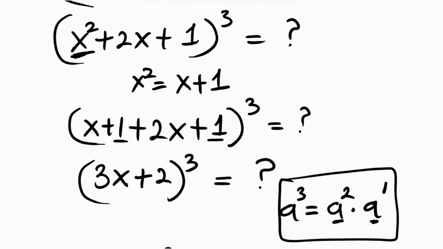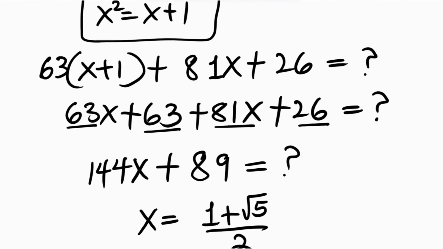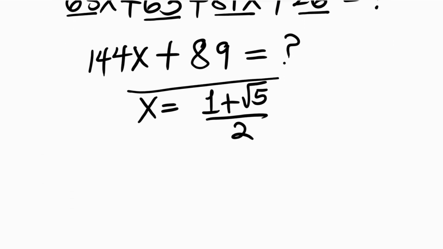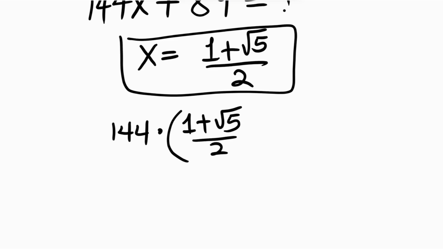So now we're going to plug that value into x, so we can just simplify further, right? So now we have 144 times (1 plus root 5) divided by 2, plus 89.